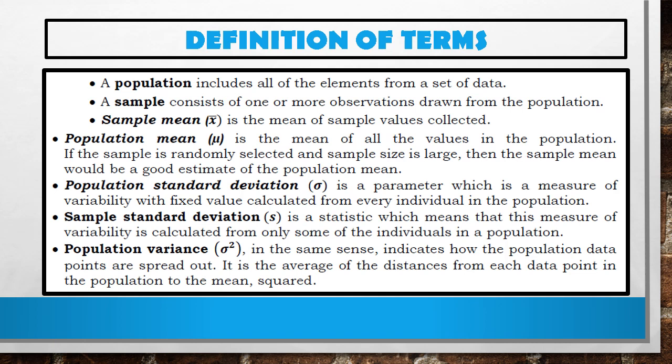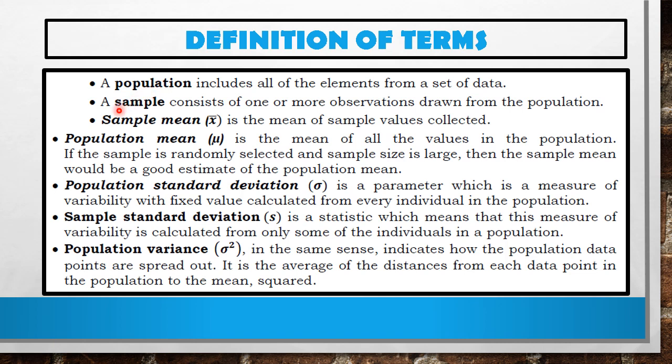To have a clear understanding, let's have the definition of terms. A population includes all the elements from a set of data. So it is very clear that when we talk about a population, it includes all the elements from a set of data.